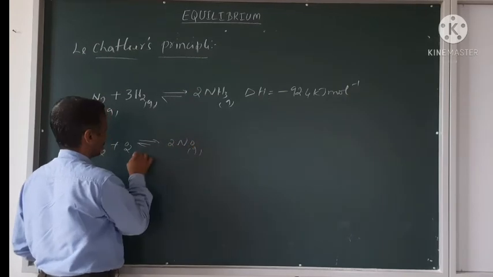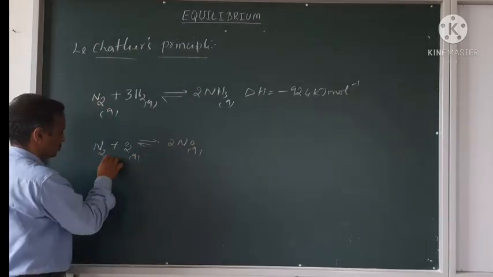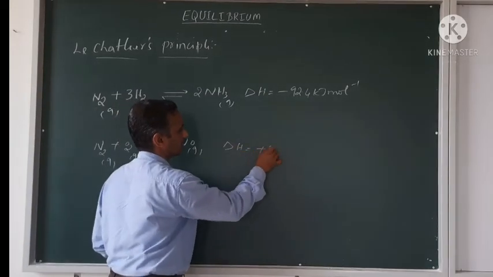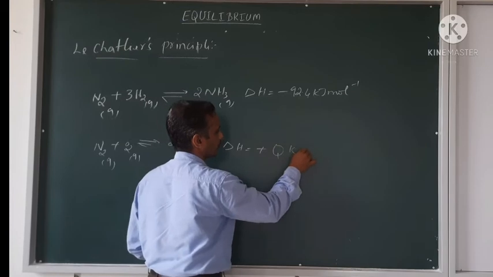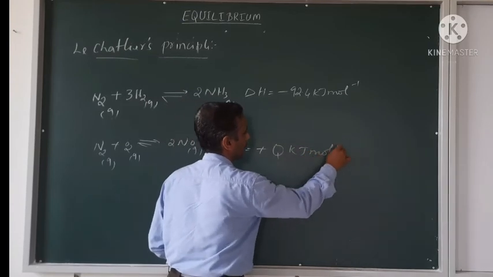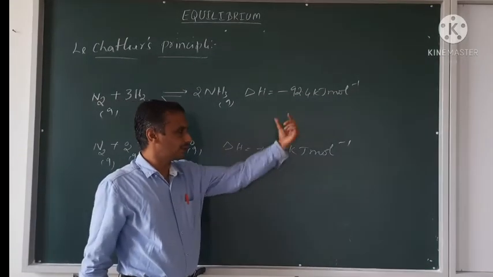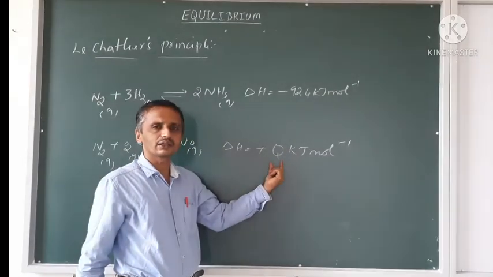Again, it's a gas only. Delta H is equal to plus Q kilojoules per mole. Here I gave the exact value, here I have represented it with the general representation.